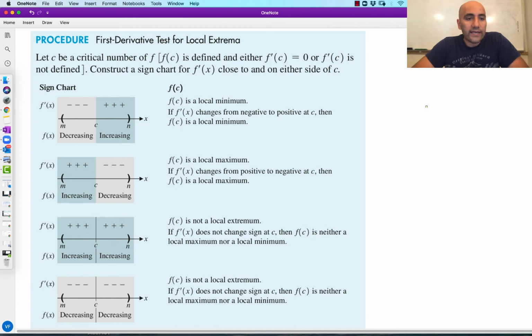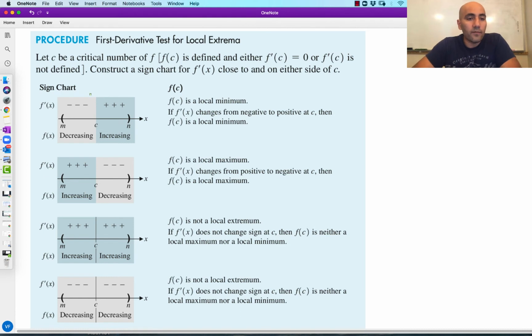Okay, so now we take a sign chart, we identify all the critical numbers on our sign chart, and then we either examine our function or maybe take some test points so that we can figure out what is happening with the derivative in those regions.